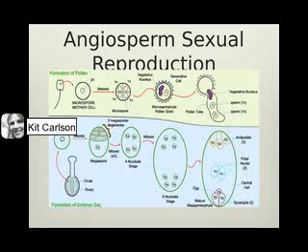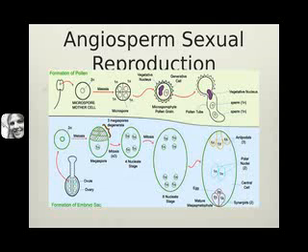So in this slide, I really want to focus on the formation of the embryo sac. We talked about pollen in the previous slide, so you can use this as a refresher if you like, but what I really want to focus on is the female gametophyte. And so we talked about this a little bit.